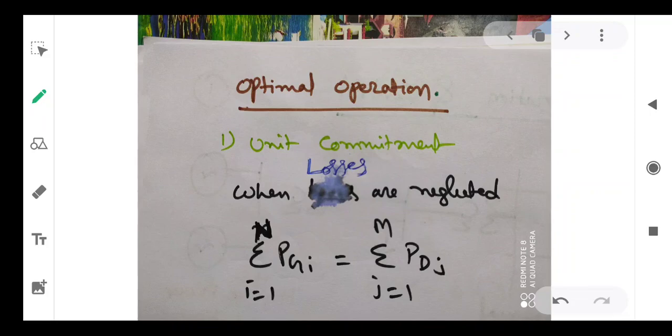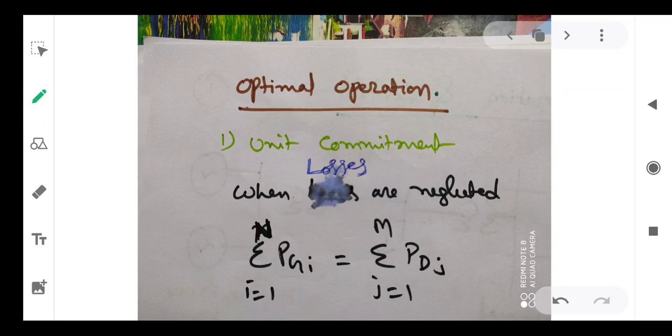Here, for the unit commitment problem, in order to operate the units for optimal operation, we need to have the power balance equation, that is, sigma Pgi equal to sigma Pdj. So Pgi, i equal to 1 to n generating stations, is equal to Pdj, j equal to 1 to m.